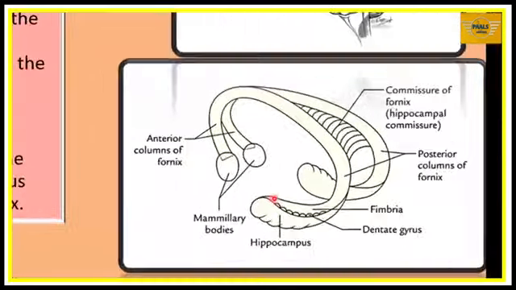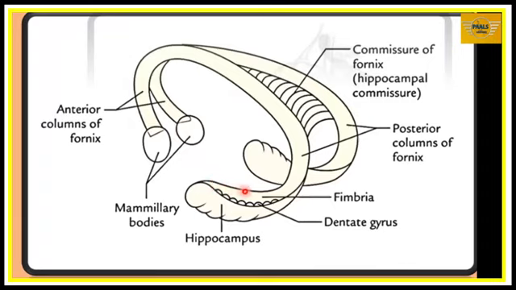One, this fimbria will move posteriorly and become rounded, and then will arch over the thalamus, which you see at this region, and across here with the opposite thalamus, they will form the body of the fornix, and then will join as a single structure, and then will move anteriorly and downwards.